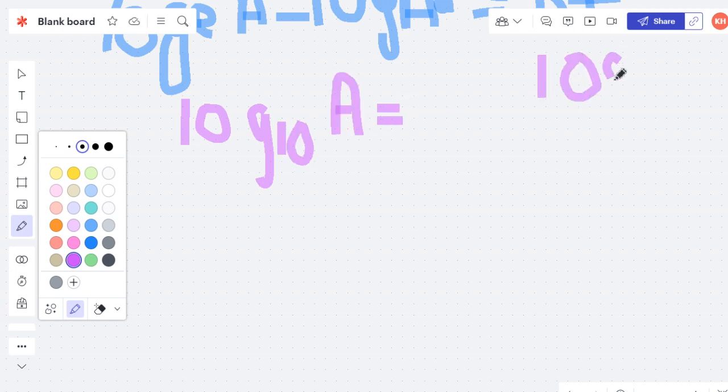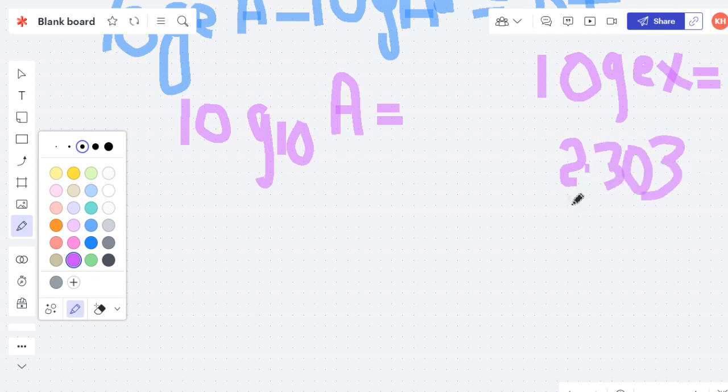I'm writing it here for conversion purposes, you can remember it. 2.303, remember it.